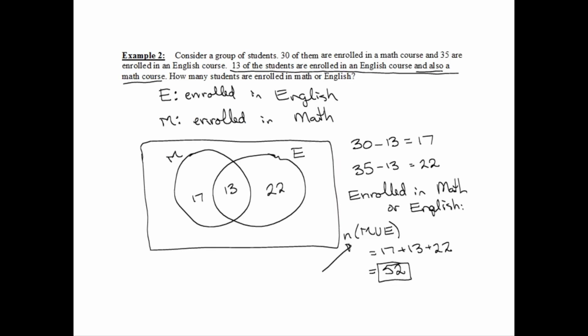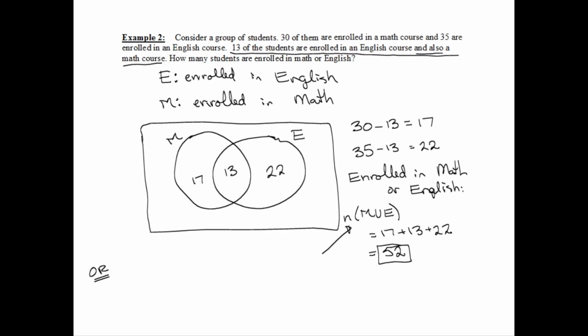So if we go back to what we had a moment ago, you could actually do this without a Venn diagram if you knew that addition formula.